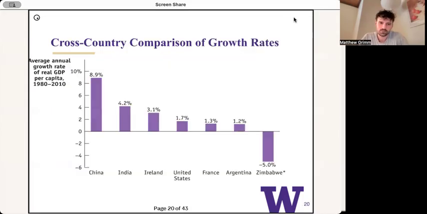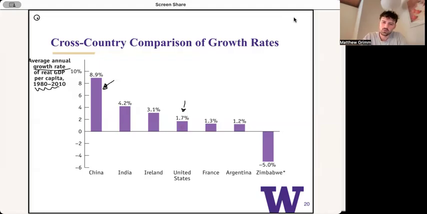Very nice. Okay, so next let's look at the cross-country comparison of growth rates. We are looking at the average annual growth rate from 1980 to 2010. China, it grew a ton. It's the winner. United States, it's about 1.7%. India has grown significantly. They kind of followed a similar trend to what China has done in their timeline in development.